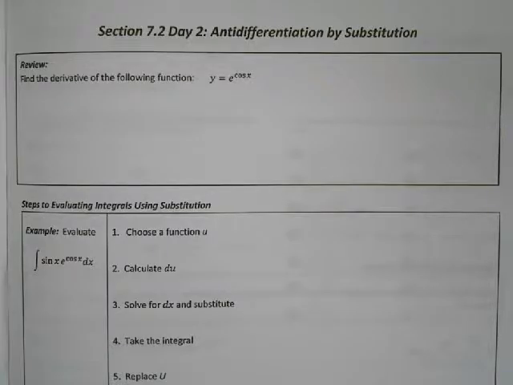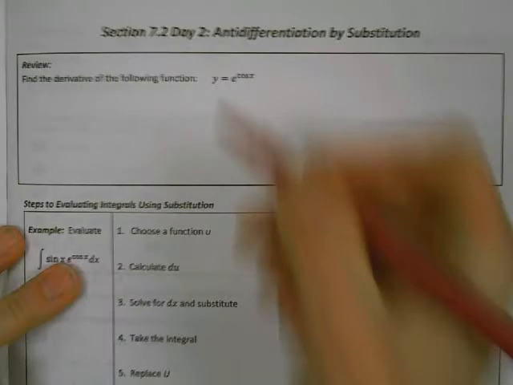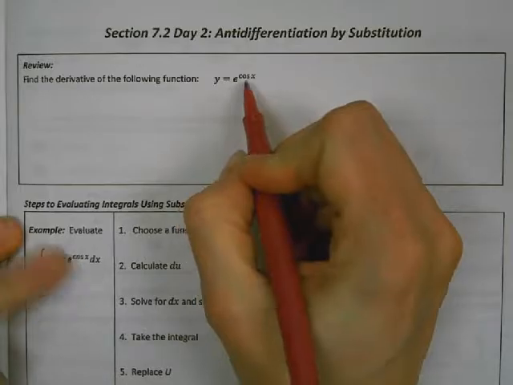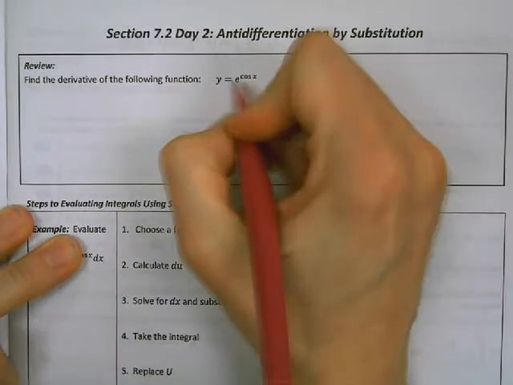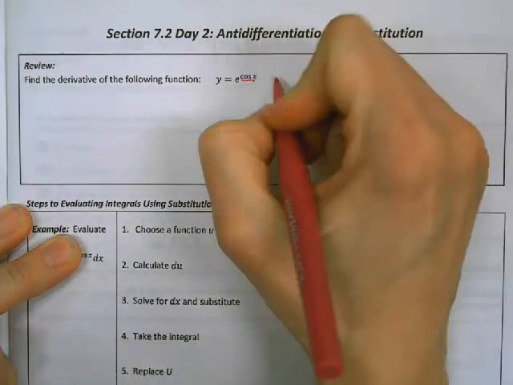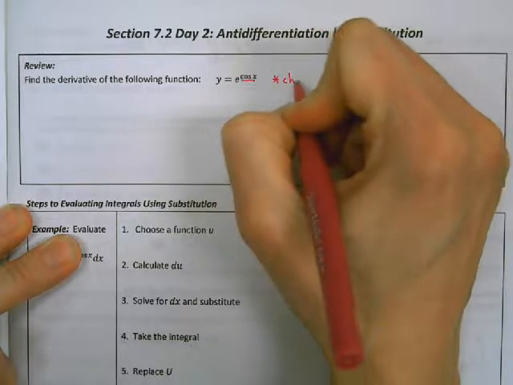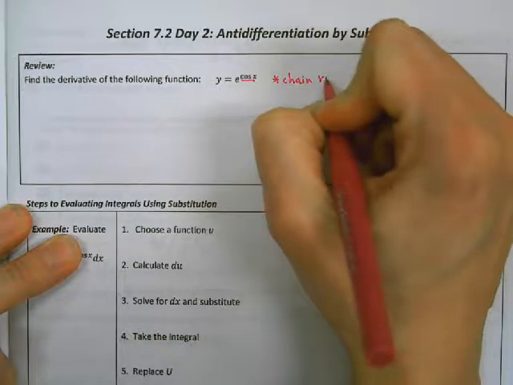Now, hopefully we recognize right away, when I look at my function, since we have e to the cosine of x, this cosine of x here is going to trigger chain rule when we differentiate.